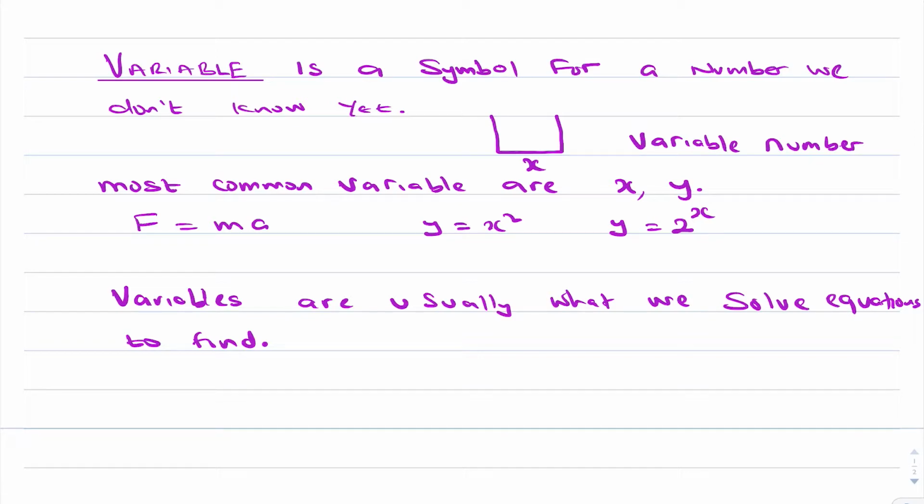So therefore, a variable can have more than one possible value. As we said, the word variable, so it can have variable numbers. So that is what a variable is. Variable numbers.